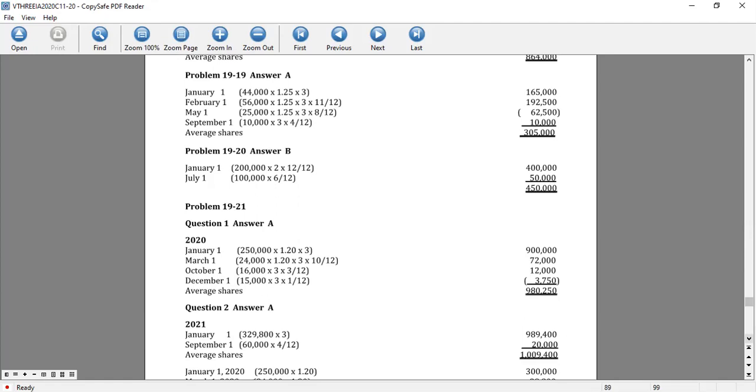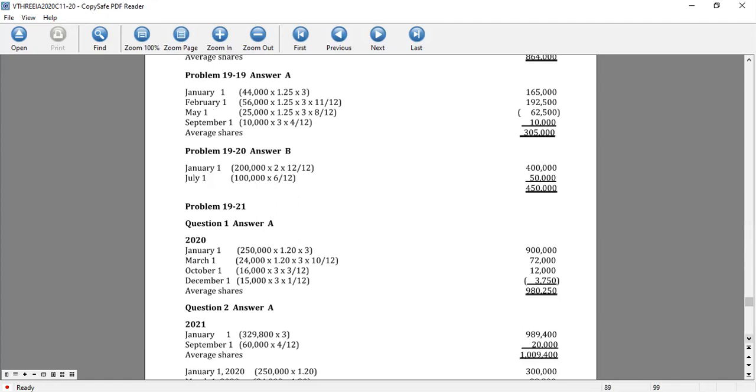We multiply it by 1.2 because of the share dividend that happened on July 1, and we multiply it by 3 because of the split up that occurred on June 1. So we now have 250,000 times 1.2 times 3. So 900,000 shares.